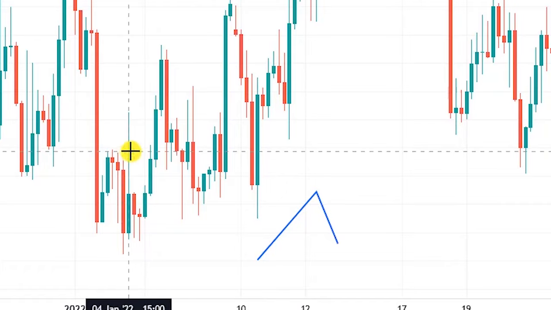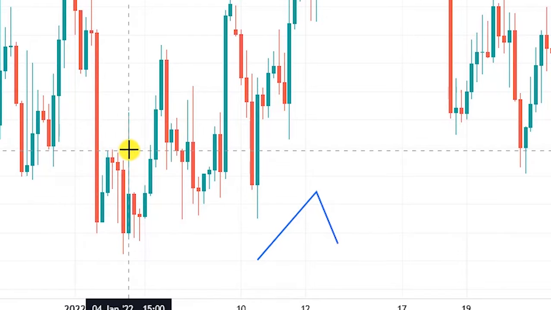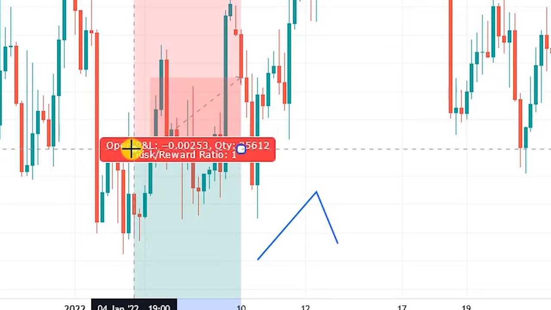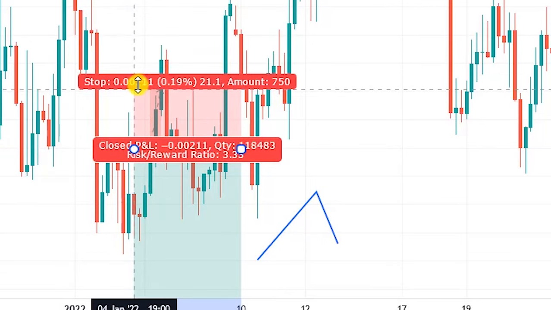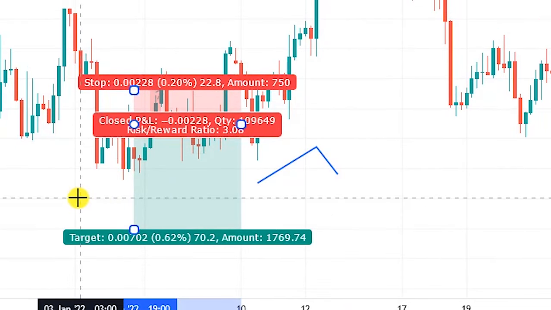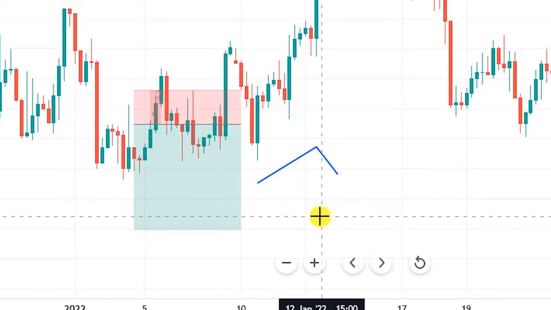So they'll be waiting, and then in the future when it comes back to this area, they will be looking to sell the market. Maybe they will put their stop loss in these areas, let's say around here, and then they'll be targeting way below, but they'll be looking to sell the market.